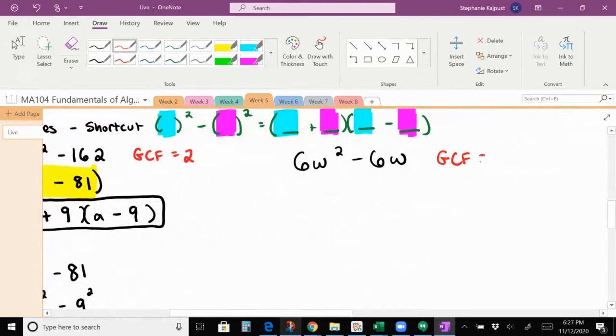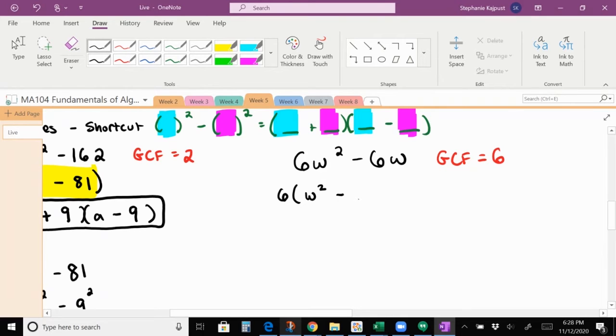Yeah, those are all the factors, and then 6 would be the biggest one, so that would be the greatest common factor. Okay, so then we put the 6 outside, and inside is going to be w squared minus, there's 6, the other one is the w.